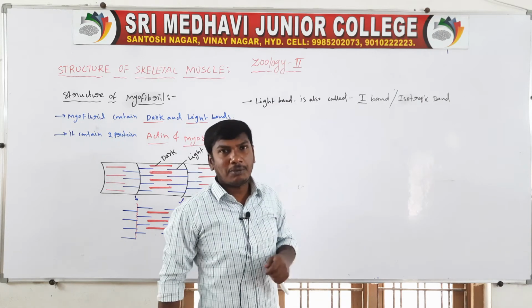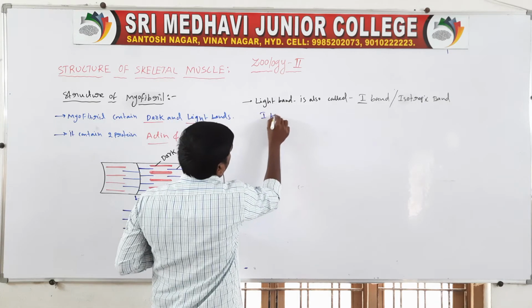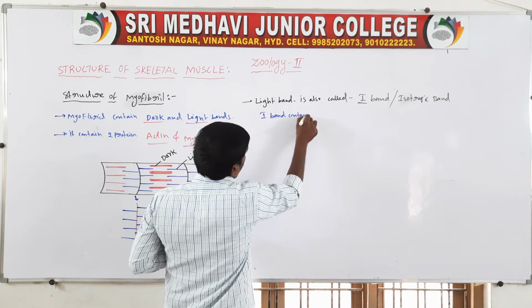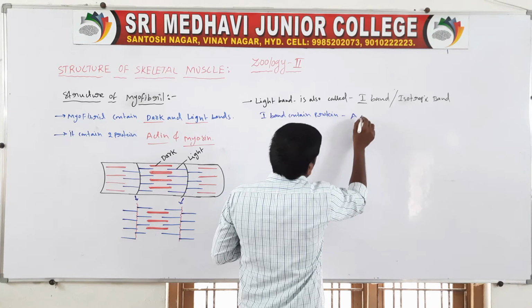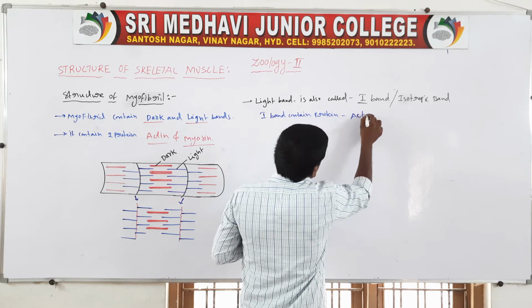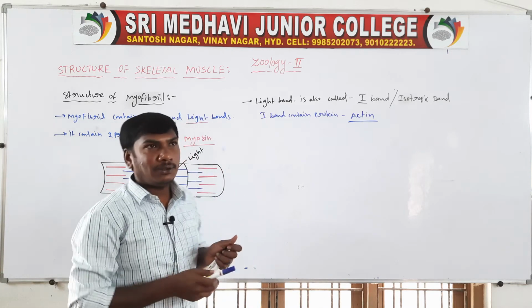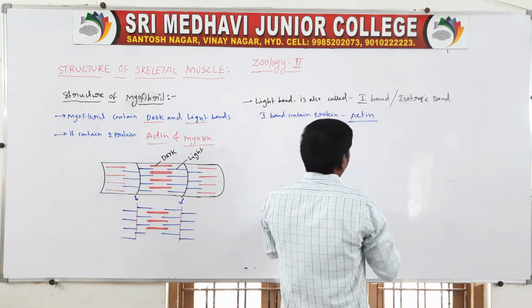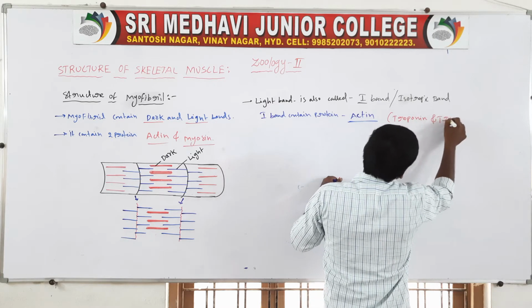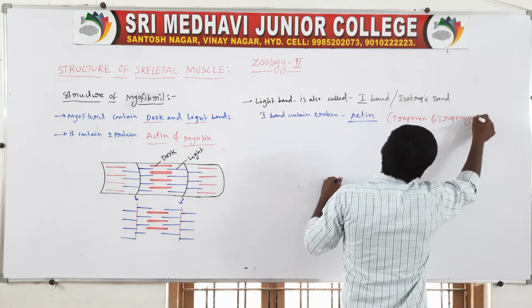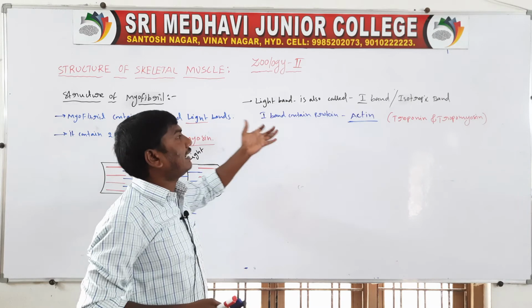The I band contains the protein actin and two other regulatory proteins, troponin and tropomyosin, present on the light band.